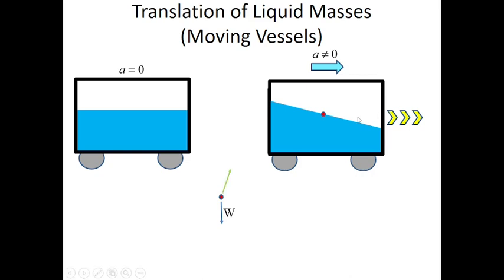Next, the particle is on top of the other particles of the liquid. Since it is on top, the particles below exert a force which is directed normal to this surface.